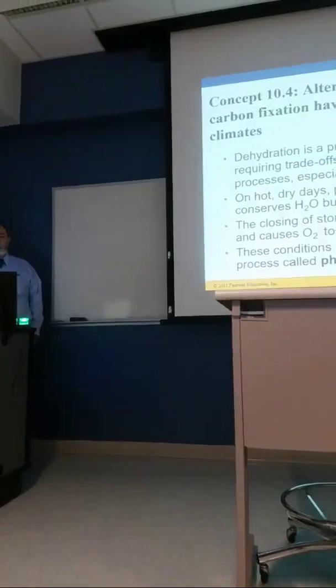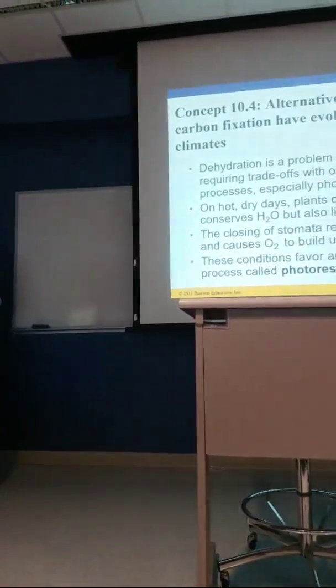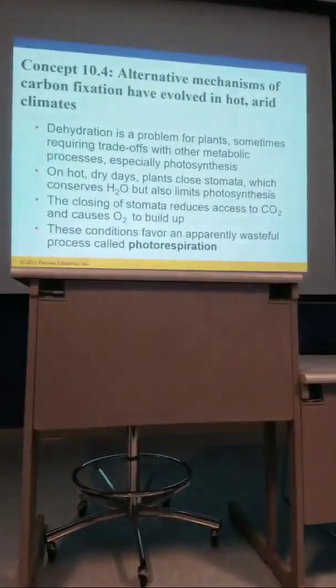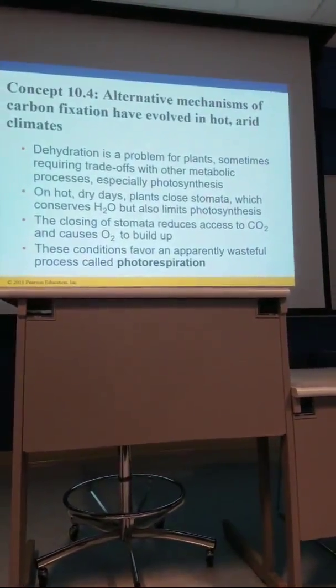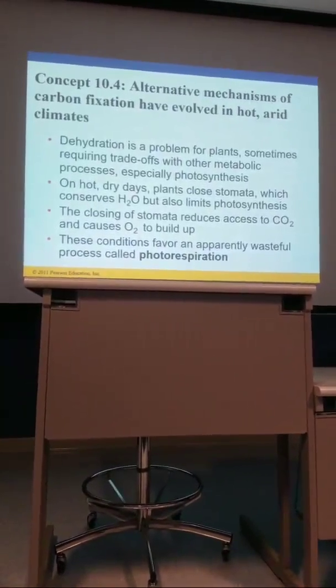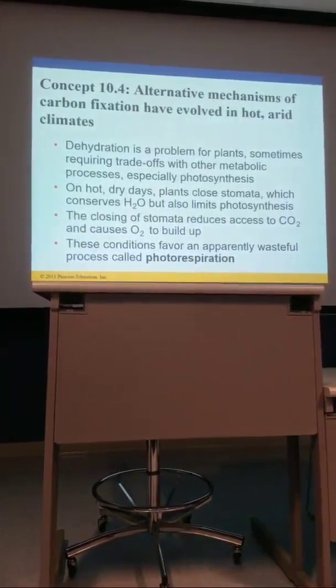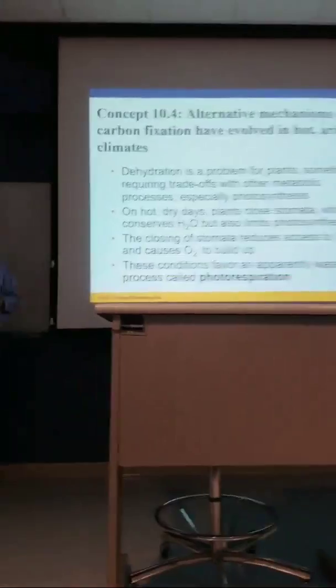Unfortunately, getting carbon dioxide into the system and letting oxygen out is not as straightforward in every kind of plant. We have different kinds of plants that live in different environments. Some of those environments really suck the moisture out of anything.